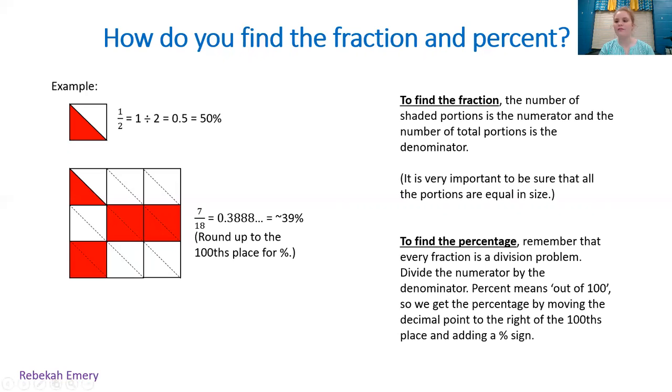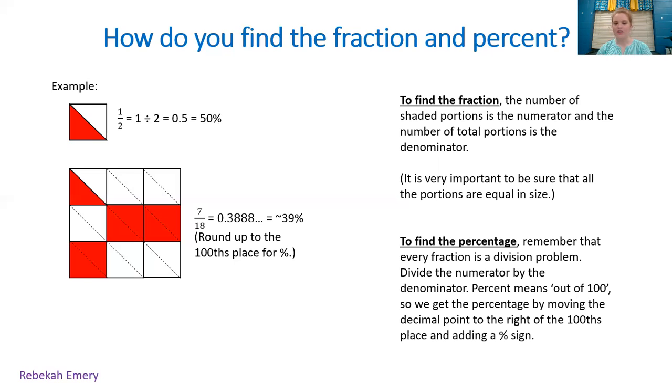Now to find the fraction, the number of shaded portions is the numerator and the number of total portions is the denominator. It is very important to be sure that all portions are equal in size. Now, to find the percentage, remember that every fraction is a division problem, as I said about 3 times already, just to get that in your head.